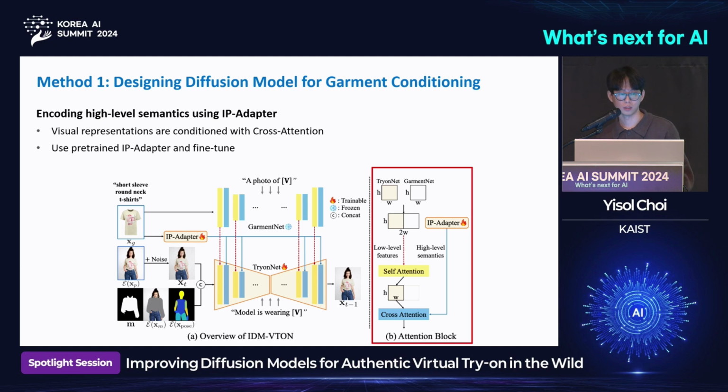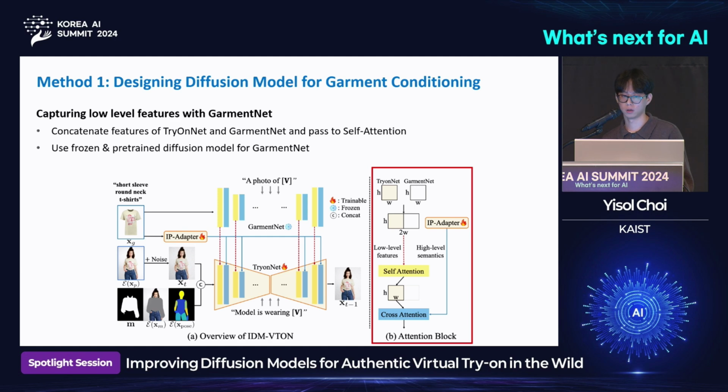For high-level semantics, we utilize a pre-trained IP adapter to encode the high-level semantics like color or shape of the garment, and these semantics are conditioned to TryonNet by a cross-attention mechanism.